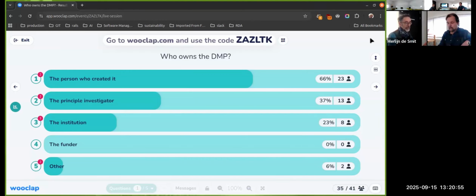We can download them and archive them, so no one can go away with their DMP without us knowing it. So I feel confident that the user can do what she or he wants with the DMP afterwards, but we will still retain a copy at the institution.